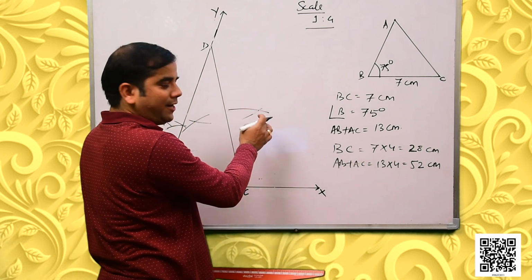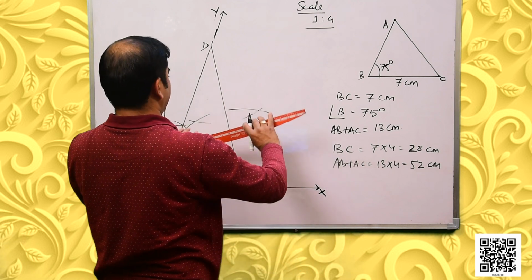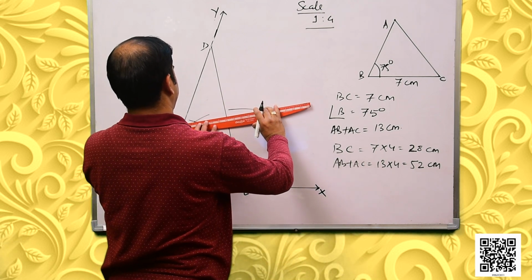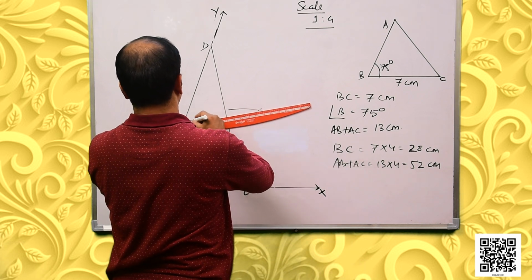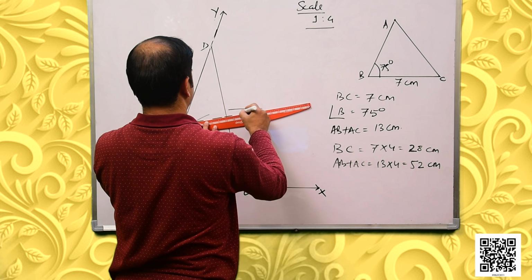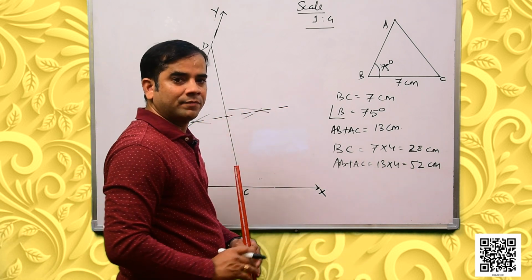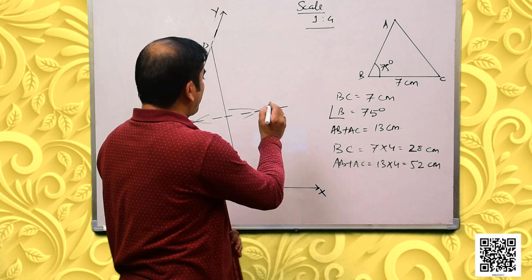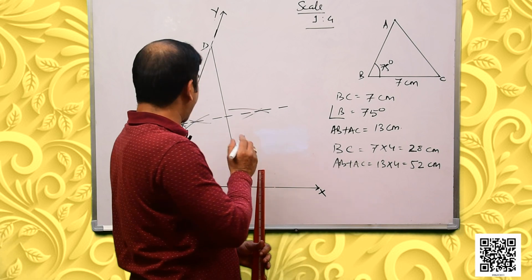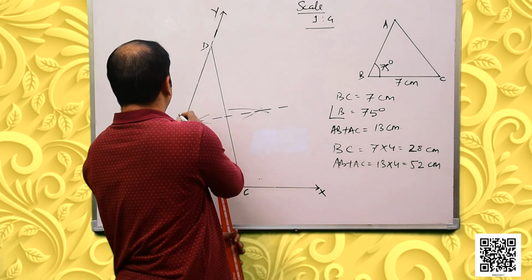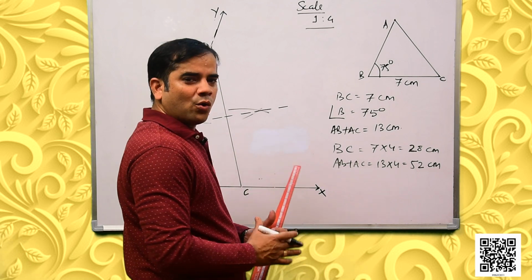When we join these two points, we will get the perpendicular bisector of CD. The perpendicular bisector of CD meets BD at a point, and this is nothing but your A. This point is A. Now what next?